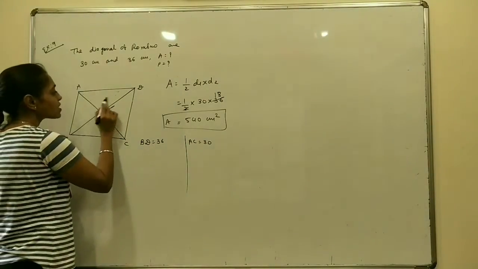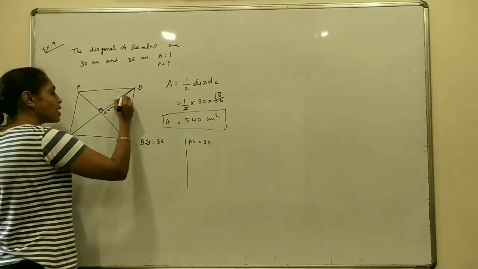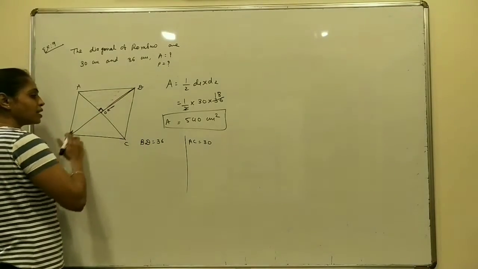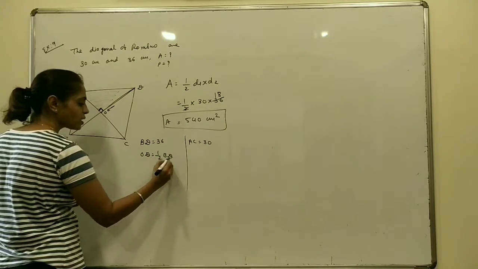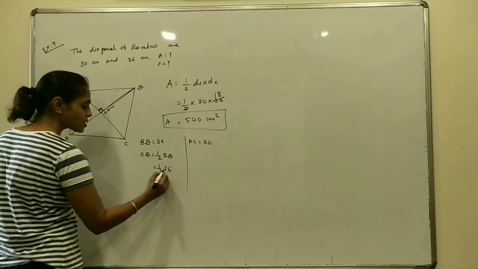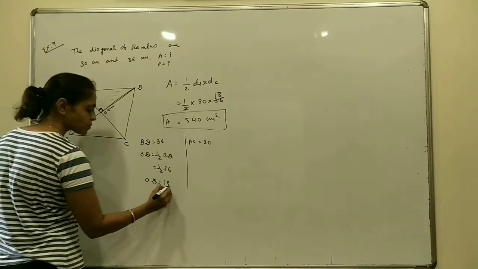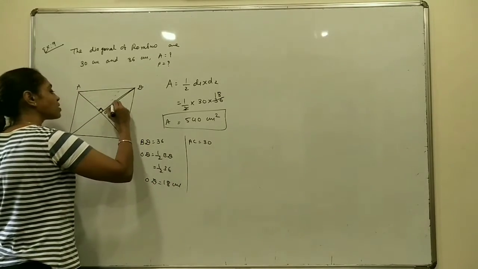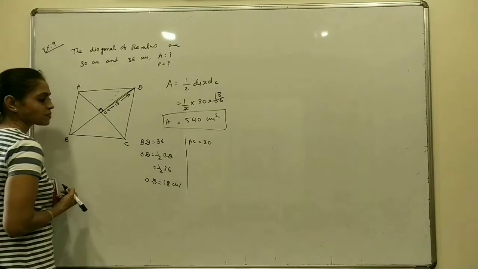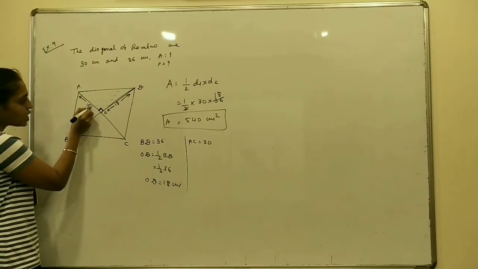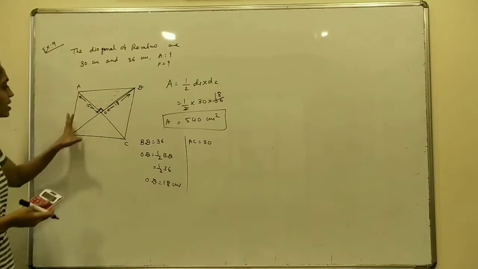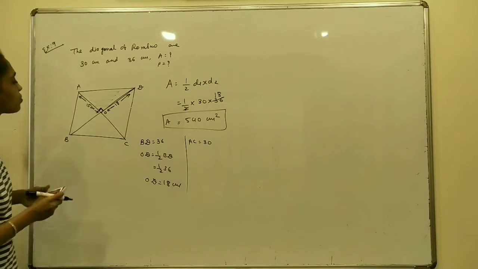So if we focus on this triangle, then OD is half of BD, that is half of 36. So OD equal to 18 centimeter. And the whole is 30, so AO is 15 centimeter, half of the whole AC.